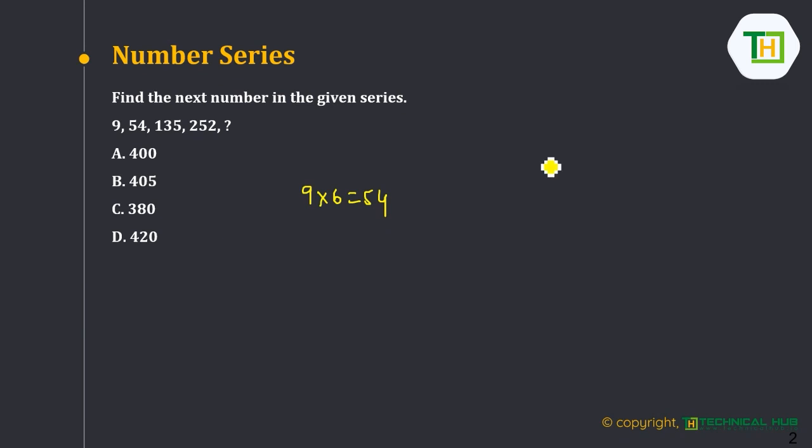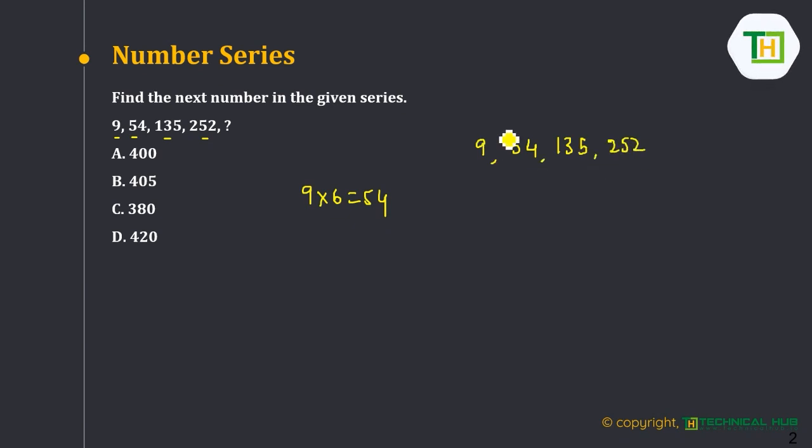As you all know, we generally follow some steps to find the solution here. First, try to observe: are there any squares or cubes in the given series? 9 is a square, but 54, 135, 252 are not squares or cubes. Next, I have to take the difference between the numbers in the series.